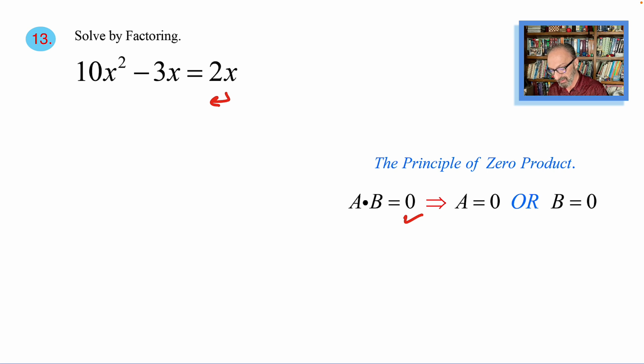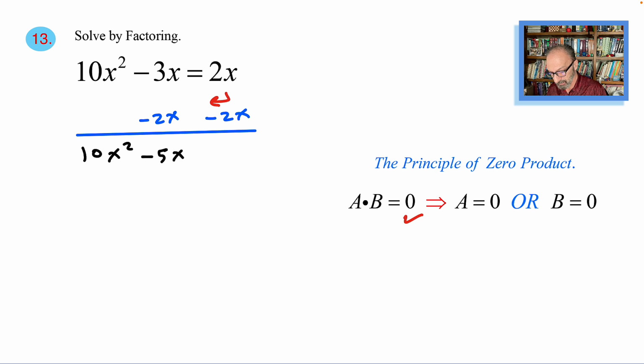So by moving 2x to the left, meaning I need to subtract 2x, subtract 2x. And if I do that, I end up on the left with 10x to the second minus 5x equals 0. That's canceling this.